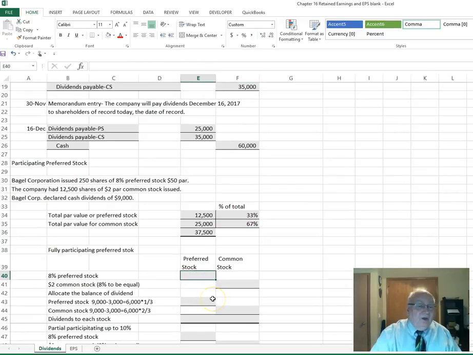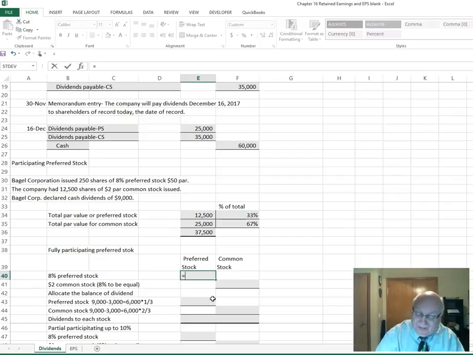Now, for the preferred stock, preferred stock gets their percentage first. We take the par value 12,500 times 0.08, or $1,000.